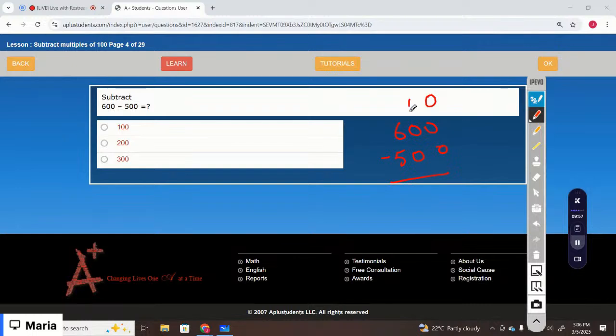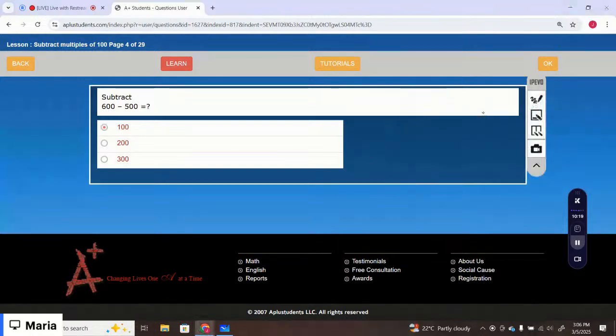We have to start subtracting from the ones digit. 0 take away 0 is 0, 0 take away 0 is 0, and 6 take away 5 is 1. So that is 100. Option number 1 is the correct option.